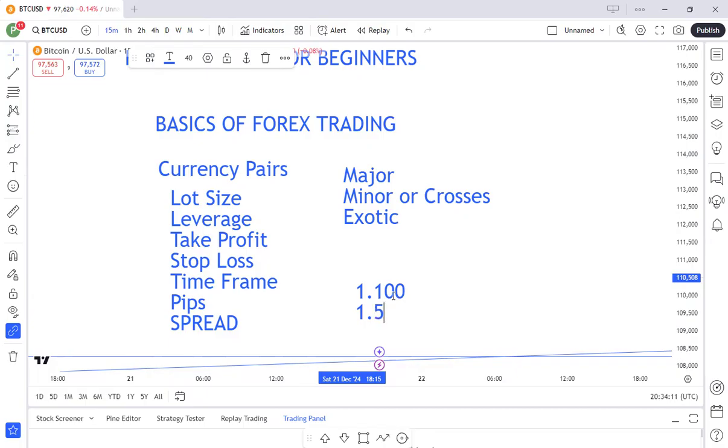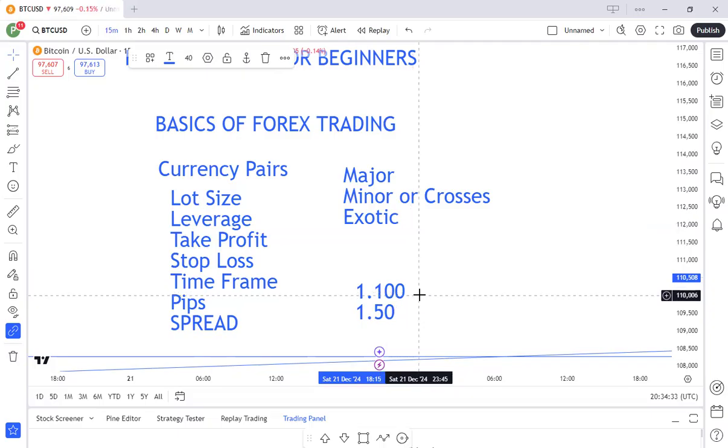Don't go for the unlimited. With 1:100 and 1:50, the lot size you are going to use is not going to be as big as when you increase it to unlimited or 500.